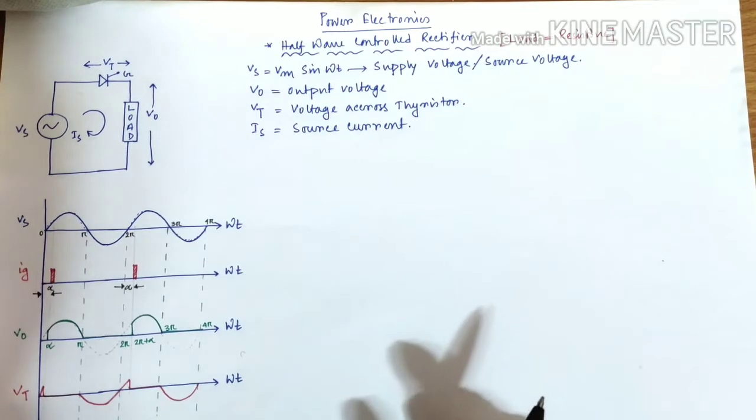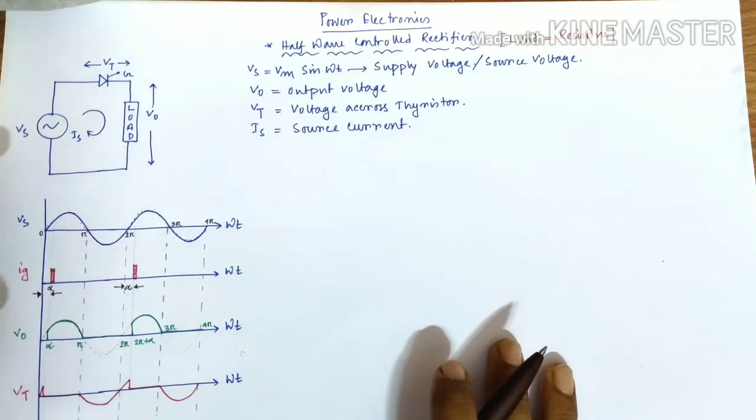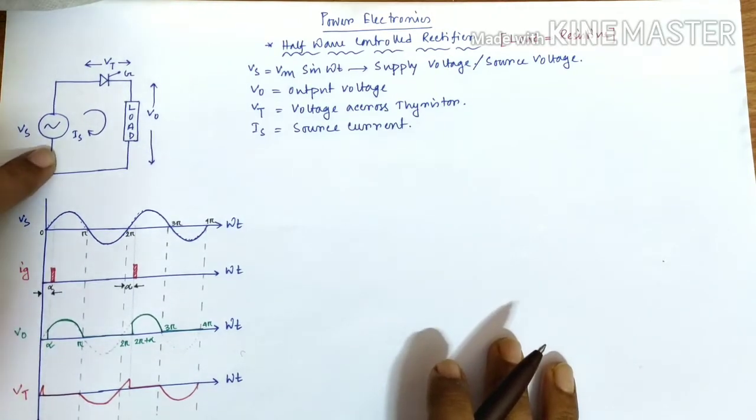So we are continuing with the same topic, that is the half wave controlled rectifier. In the previous video, we explained this particular circuit and how it works, along with the waveforms.